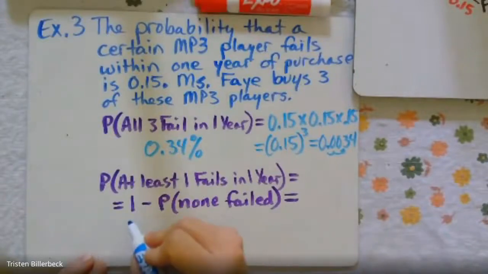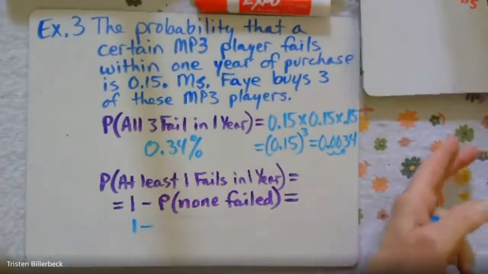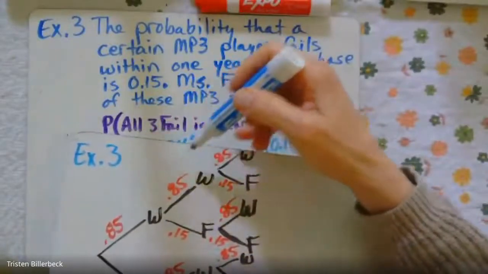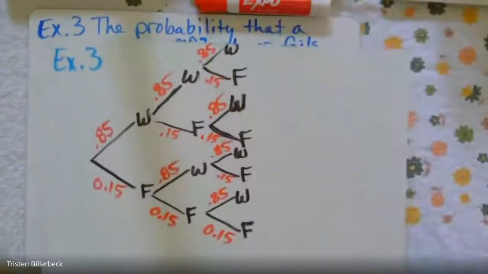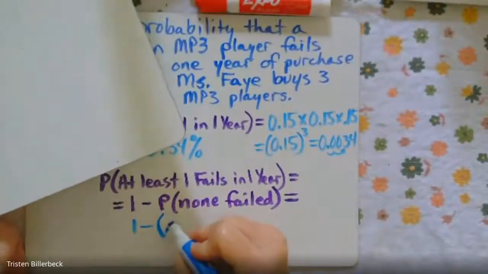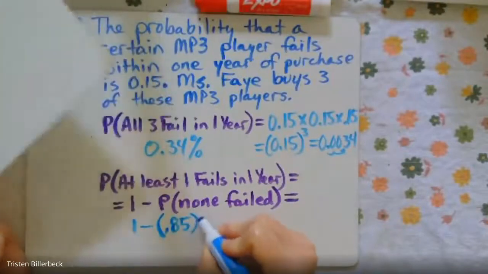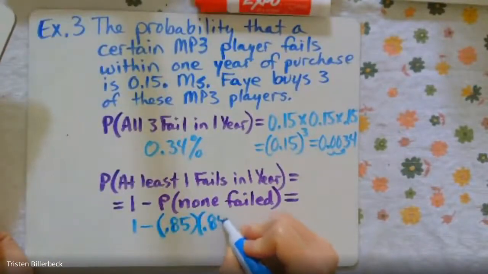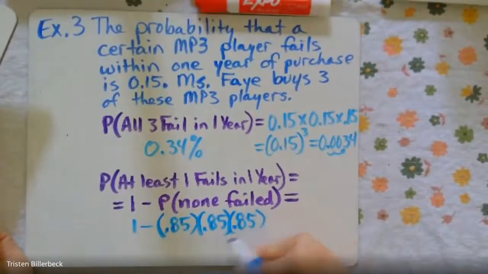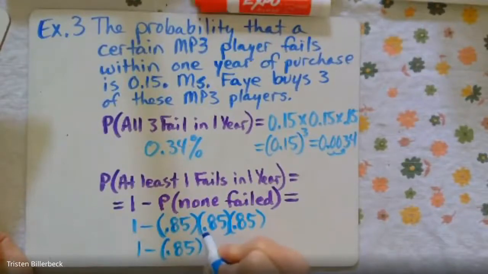So we have 1 minus, and the probability of none failing is 0.85 times 0.85 times 0.85. So that is 1 minus 0.85 cubed, using an exponent.